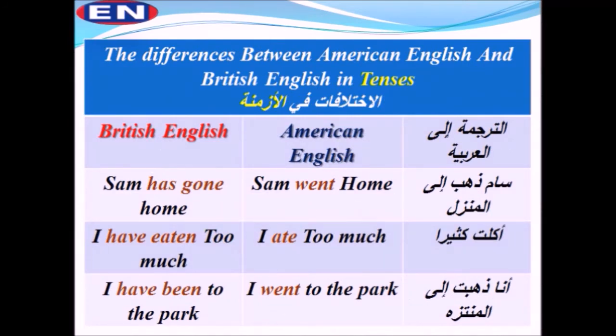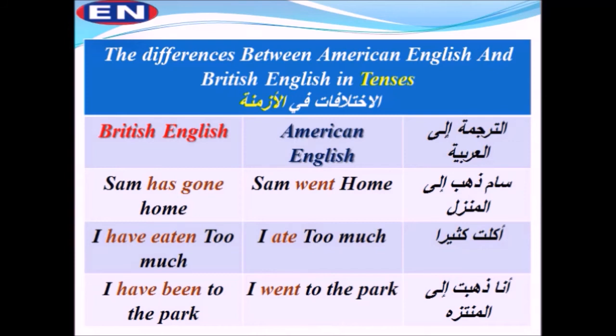So as you can see in this table, the British people use present perfect, while Americans use the past simple. Let's see examples. Sam has gone home. This one is in British English, but in America we say Sam went home. Let's have another example.